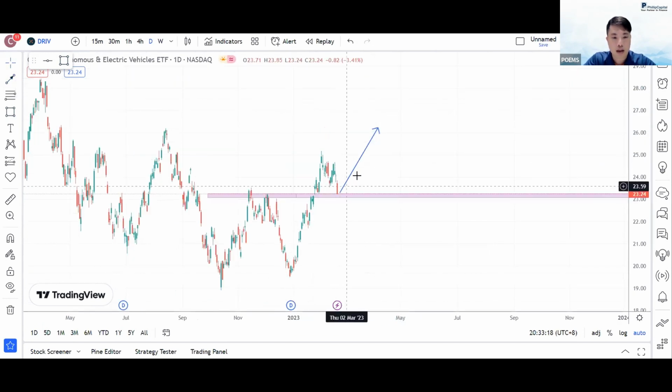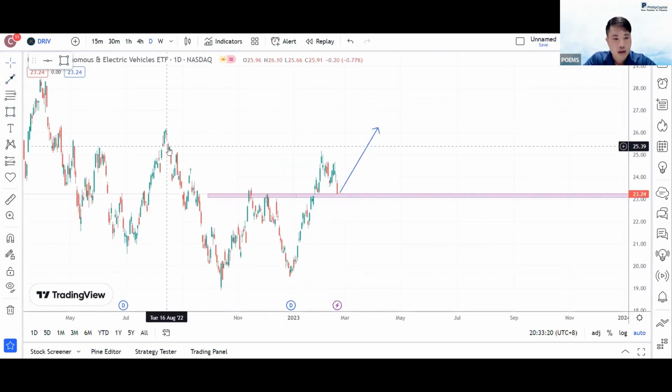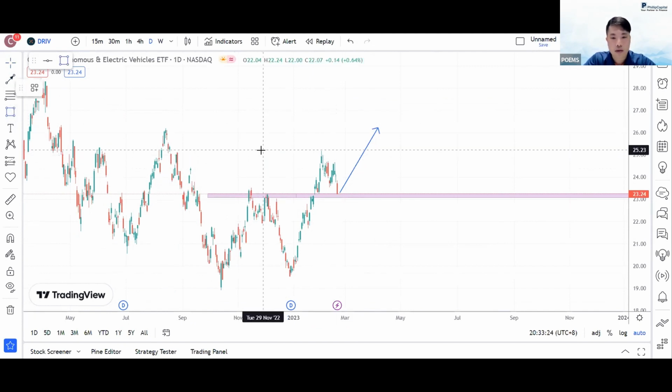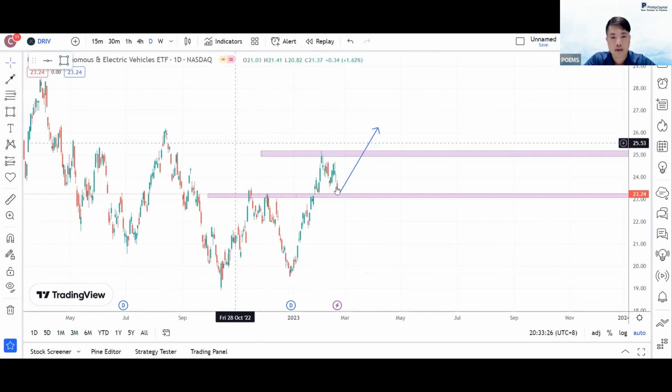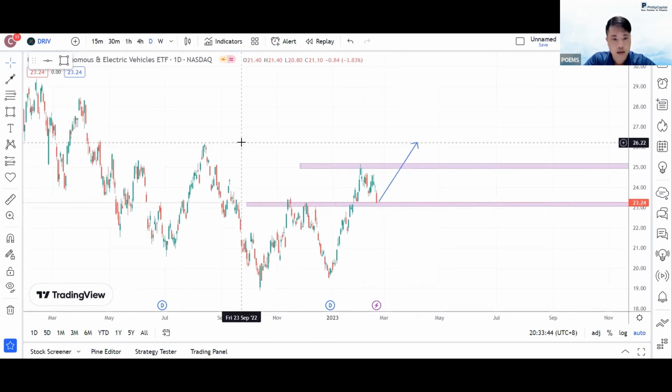Then the next one we are looking at, immediate resistance will be somewhere around 35. Just take note of this level. I would think that this particular resistance may not be as strong, so if you were to make any decision here, know that this could potentially break, but the next one will be somewhere around 26 already.